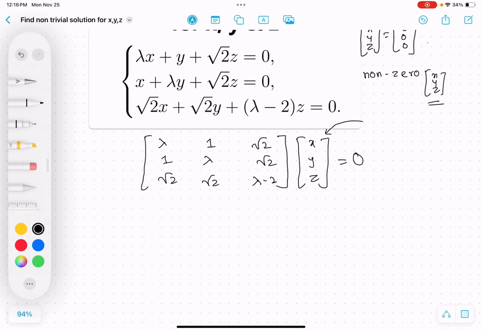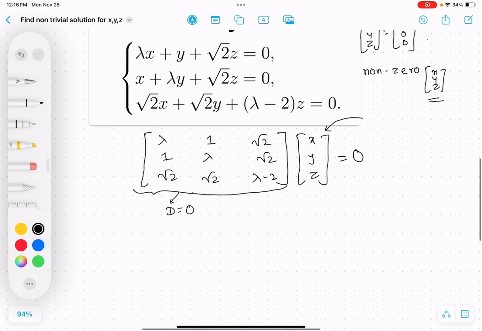Now there's a property that forces multiplication to give 0: the determinant of this 3 by 3 matrix needs to be 0. We will verify that in a moment. If we set the determinant to be 0, we get some values of lambda.